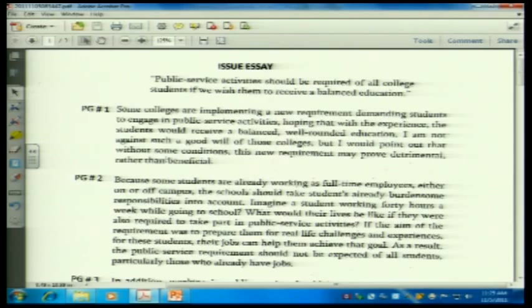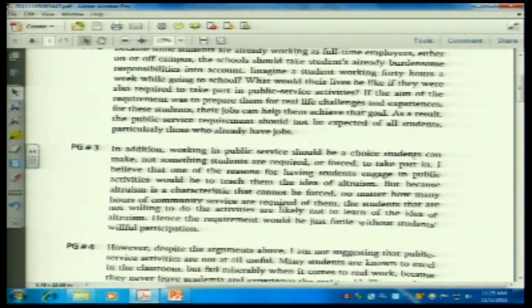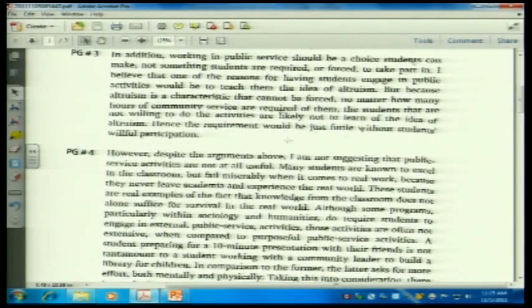And then three paragraphs stating different reasons for or against the issue, and then a concluding paragraph. So that form could be used for all the issue essays that you will see on the GRE test. So any questions?